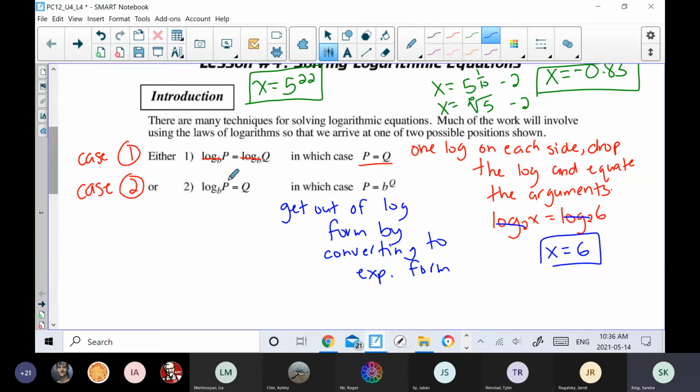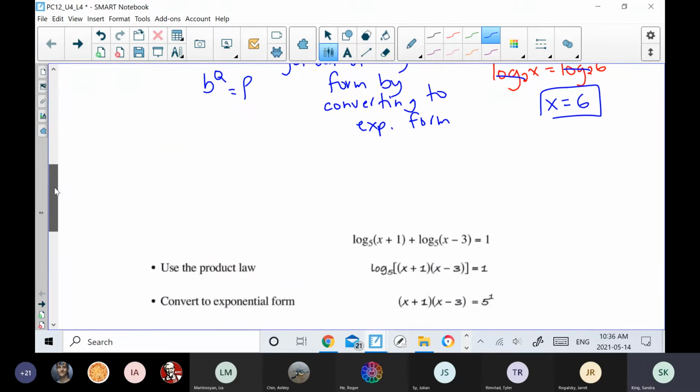In this one, you're in log form, and we've got a constant on this side. So you're going to do B to the power of Q is equal to P. So we're going to have one log, and we get out of log form by going into exponential form. That is this case.